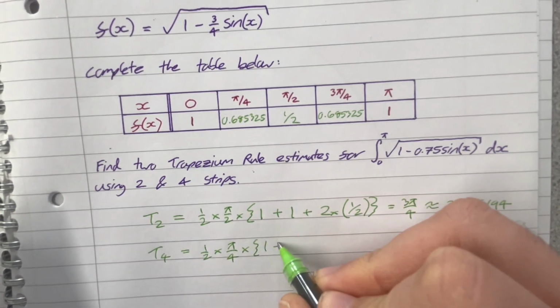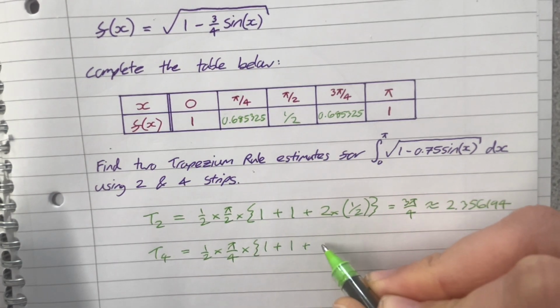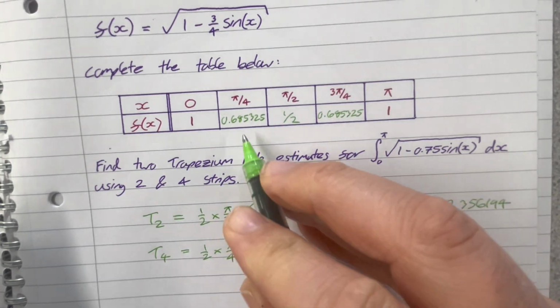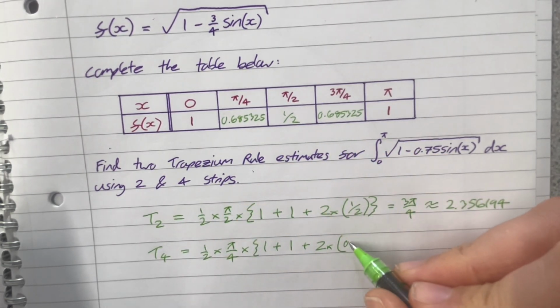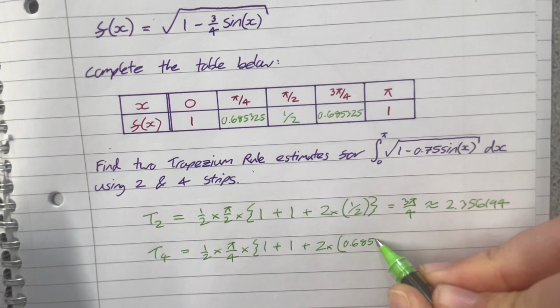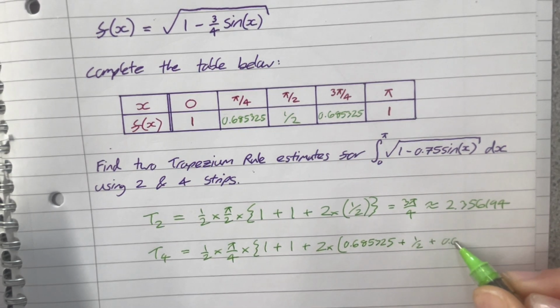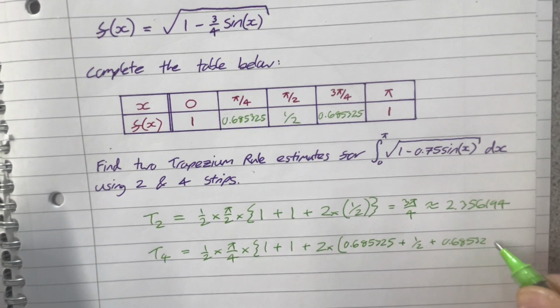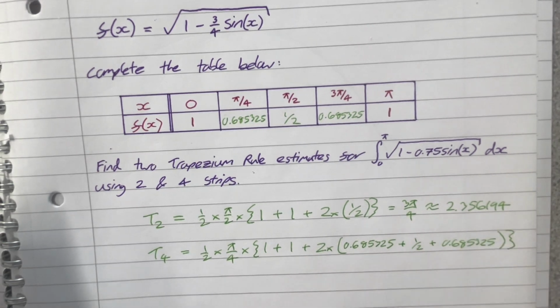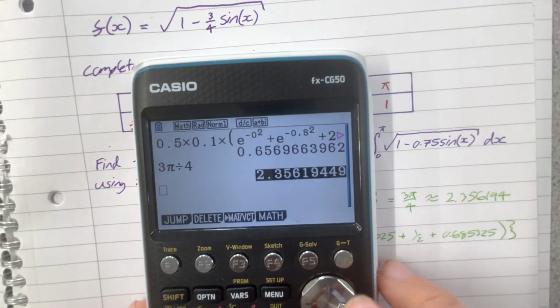times, again, first value plus last value plus 2 times all the others. And now I'm using all of those. So that's 0.685325 plus a half plus 0.685325. And I can plug all that into my calculator.